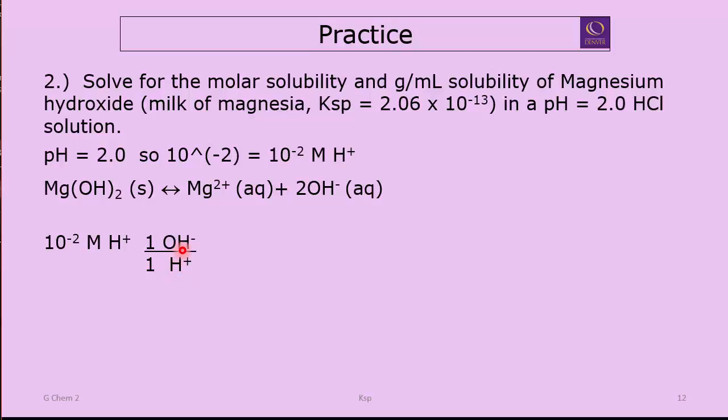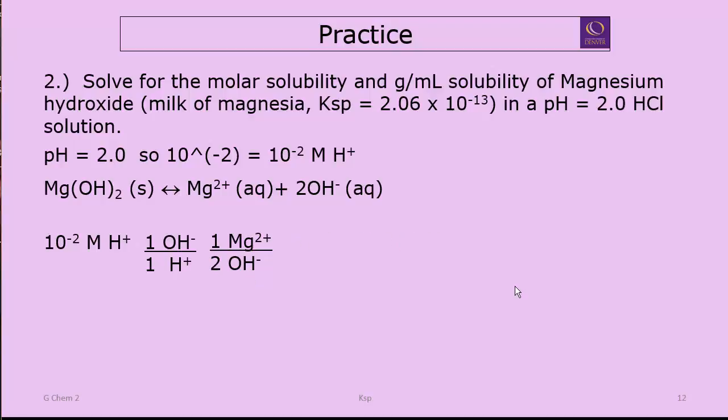Whenever you neutralize an acid with a base, it's always 1-to-1 like this. According to the equilibrium, for every 2 hydroxides, right here, there's 1 magnesium. So that would tell you that based on the hydroxides present, here's the neutralization, there'll be 1 magnesium dissolved for every 2 hydroxides that are neutralized, I'm sorry.